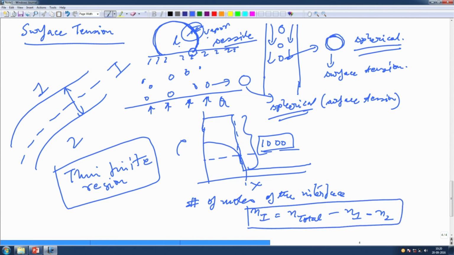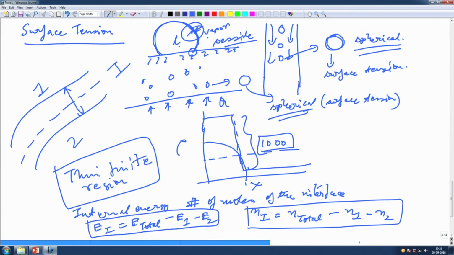Similarly, internal energy, we can take it as EI, that is the internal energy of the interface, that is E total minus E1 minus E2. Okay. So, this should be quite apparent, we just did this a few moments ago. So, the interfacial energy and the number of moles that are present at the interface is readily visible.